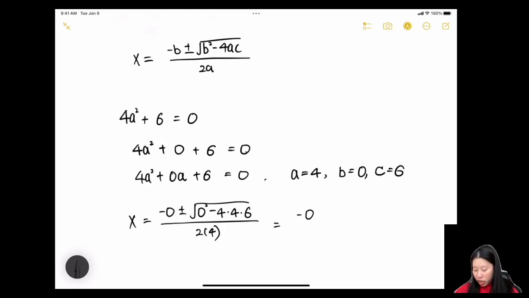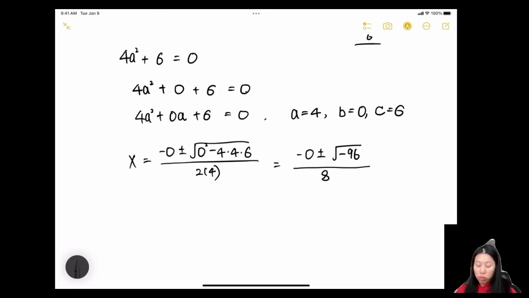So I have negative 0, plus or minus the square root of negative 16 times 6, which is 96, over 8. And now let's simplify it. Negative 0 doesn't matter, but let's just keep it this way, in case.